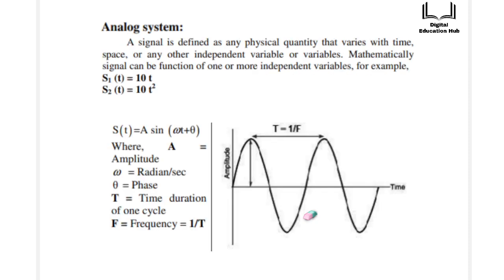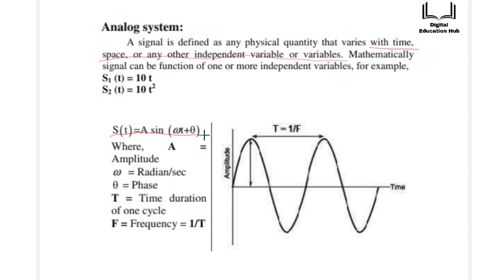Let's see the analog system. An analog signal is any physical quantity that varies with time, space, or any other independent variable or variables. Mathematically, the analog signal is written as A sine of omega t plus theta, where A stands for amplitude, or magnitude, omega stands for radian per second, theta is the phase, and t stands for time duration.